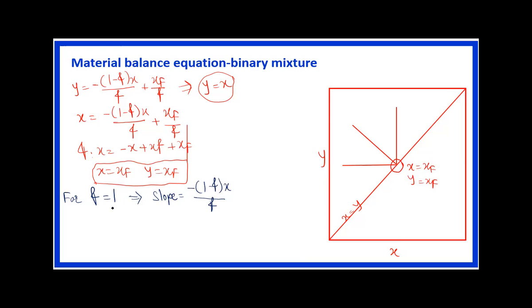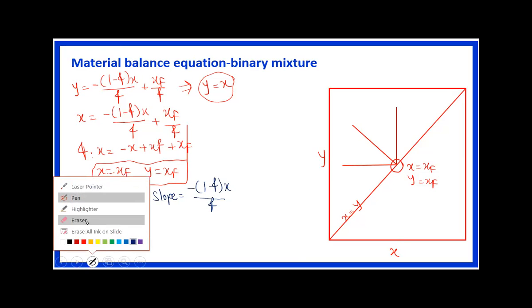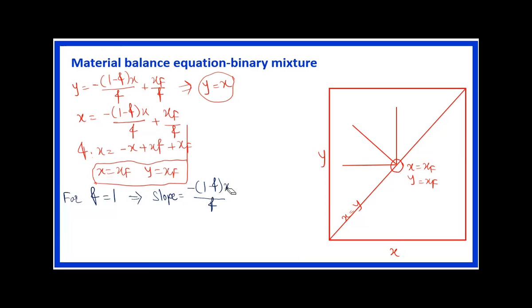So for f equal to 1, put this value in the slope equation, so we get the value as minus 1 minus 1 upon f. So that is 0.